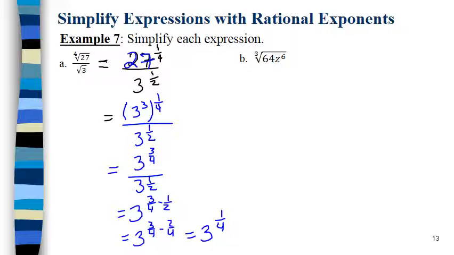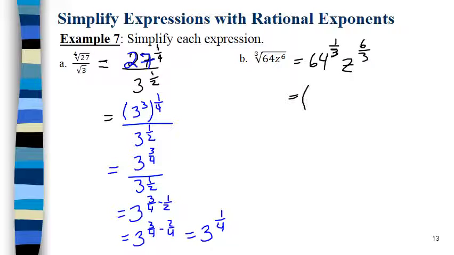Let's try that one more time. So here we can write this as 64 to the 1/3 times z to the 6/3. Well, 64 we know is 4 to the 3rd.